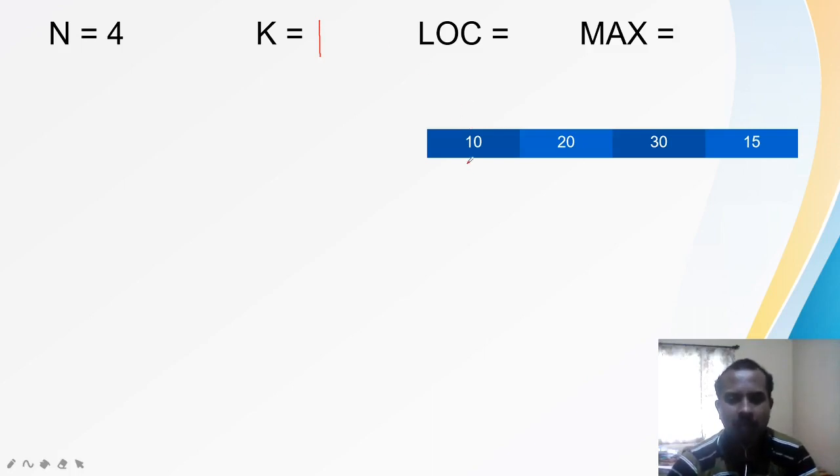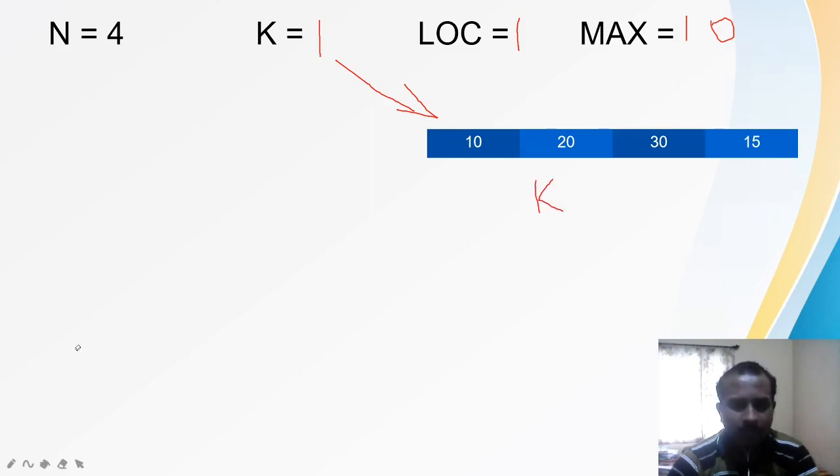That means now k is pointing to the first element in the array data. What about location? Location is also 1. Okay. As I already mentioned, let us assume that the first element is the largest one. So what is the first element? 10 is my first element. Okay.